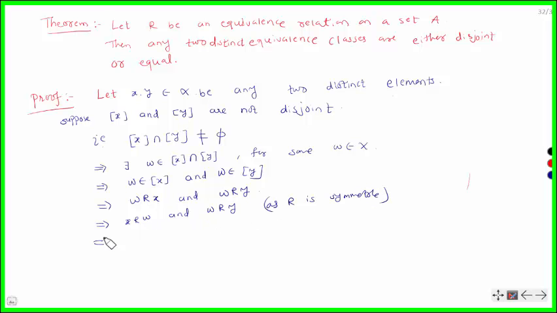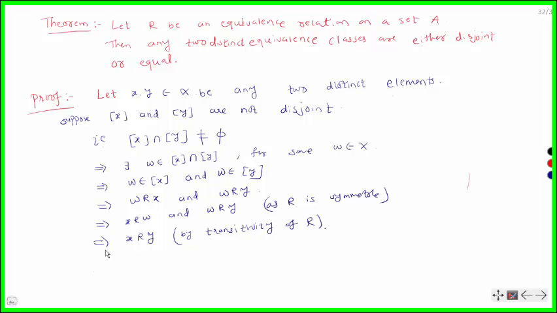This implies that x is R related to w and w is R related to y, and by transitivity we have x is R related to y, by the transitivity property of R.